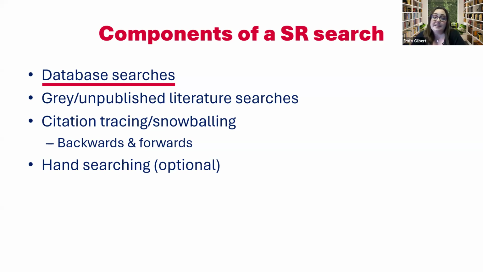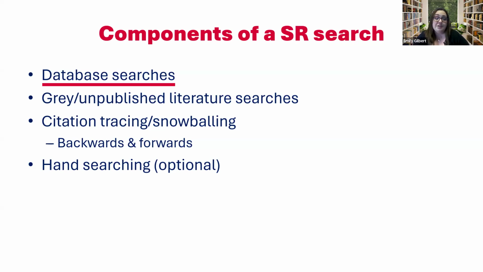Then you'll also have citation tracing, or what's known as snowballing. This means when you have the studies that you are going to include in your review, after you have already gone through the screening for title and abstracts, you can look at all of the reference lists on those studies.